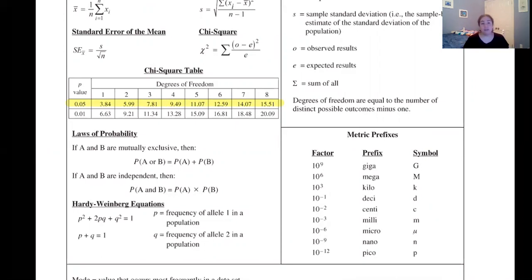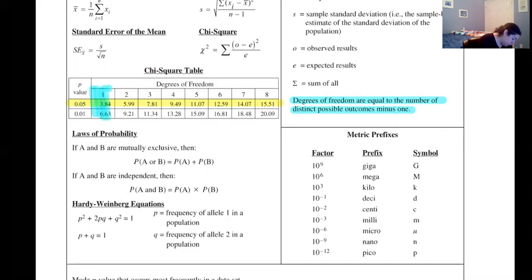Then what you do next is you figure out your degrees of freedom. Your degrees of freedom are always equal to the number of possibilities minus 1. The number of possibilities are XX and XY, so we take 2 minus 1, and our degrees of freedom are going to be 1.